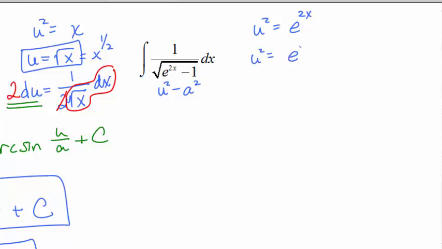What that really is e to the x squared, because you can multiply those exponents. So that means u is e to the x, but what's du? Du is e to the x. That could be problematic because I don't have an extra e to the x.